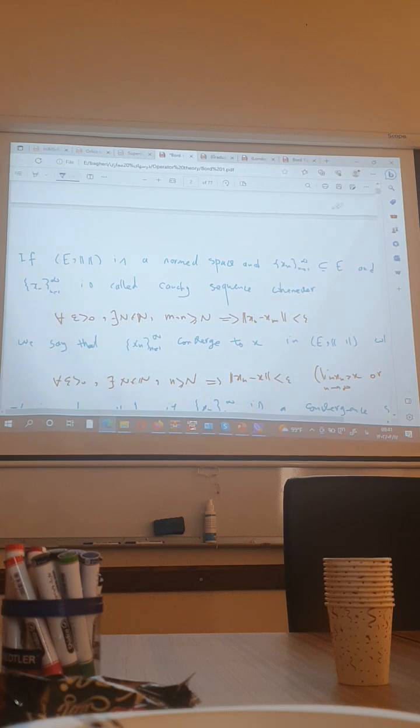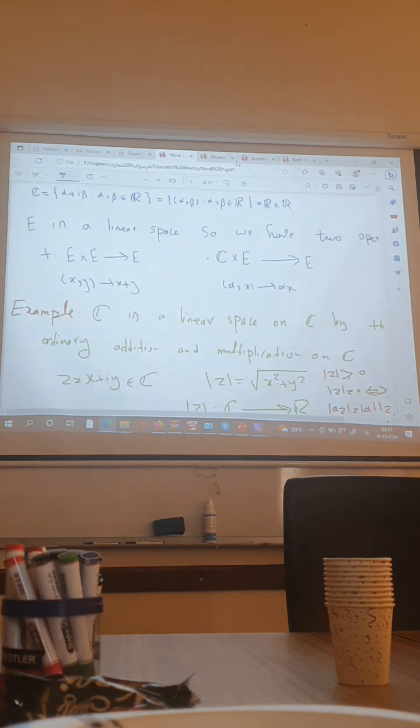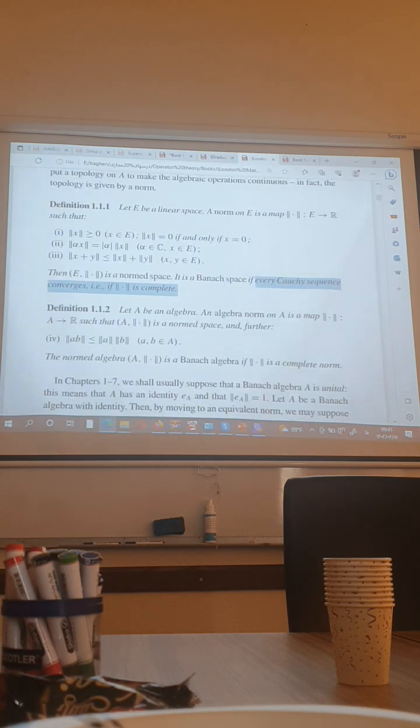But in the following of these definitions, we see another definition, okay? We have two definitions. If we have these three properties, E with this function is a normed space, okay? But we have this definition.